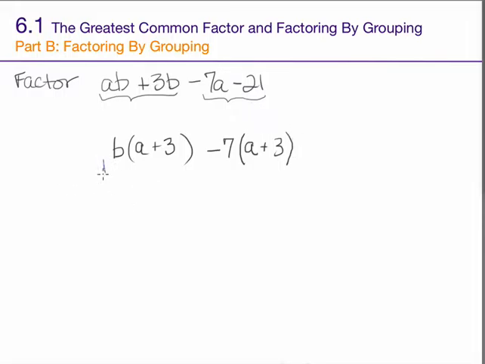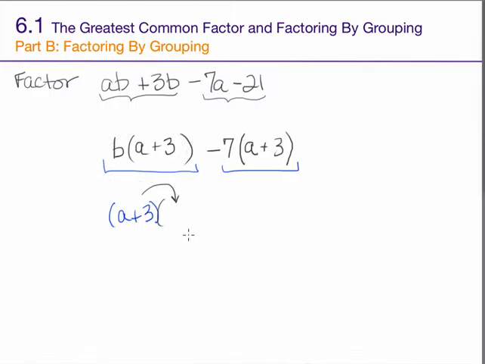Now I can look at these two big terms and see what they have in common. There's a group of terms in parentheses common to both of these two big terms, and that's A plus 3. What do I have to multiply A plus 3 by to get this term?